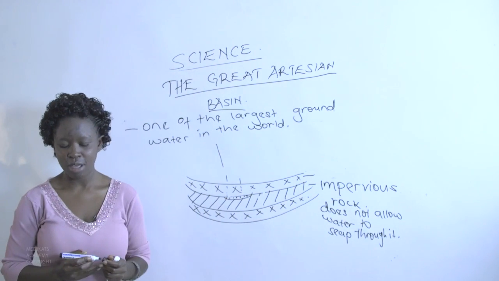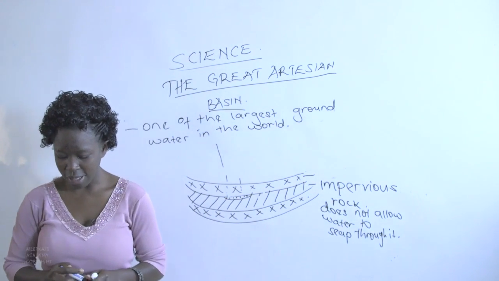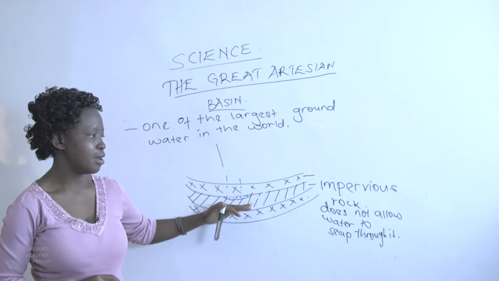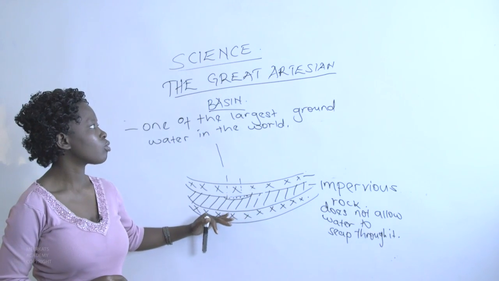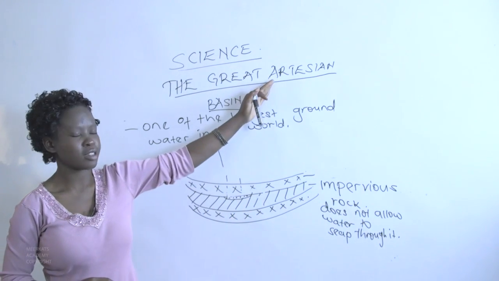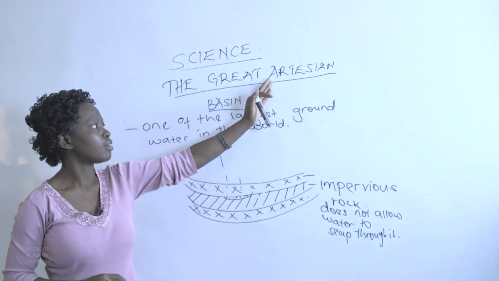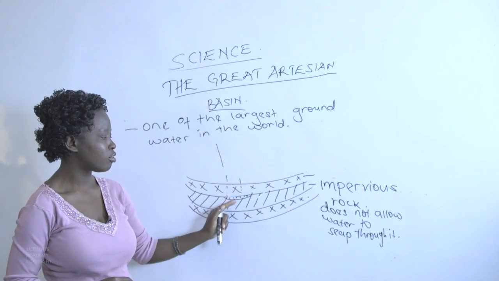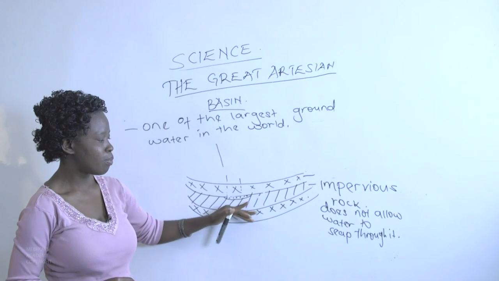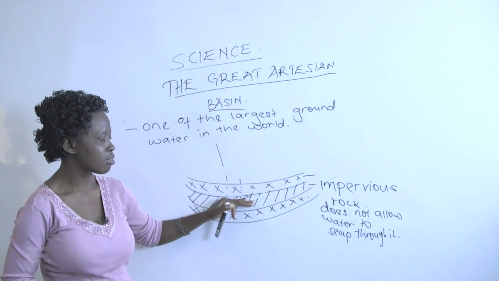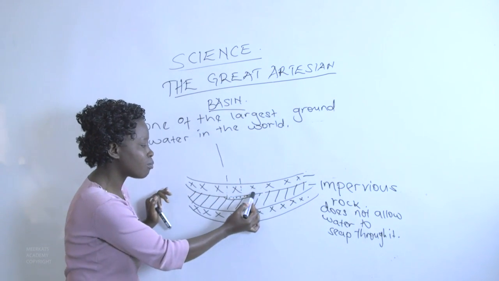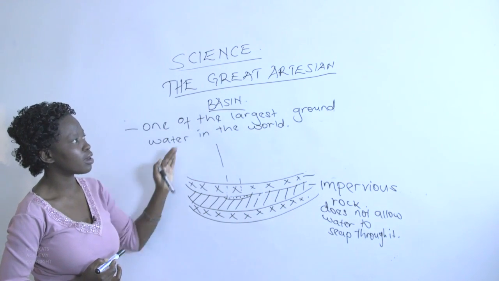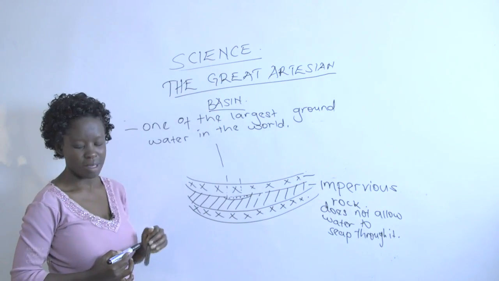That water that is trapped in between the pervious and impervious rock is what is known as an artesian basin. So an artesian basin is formed when water is trapped in between the pervious and impervious rock. The water that was trapped there formed the Great Artesian Basin.